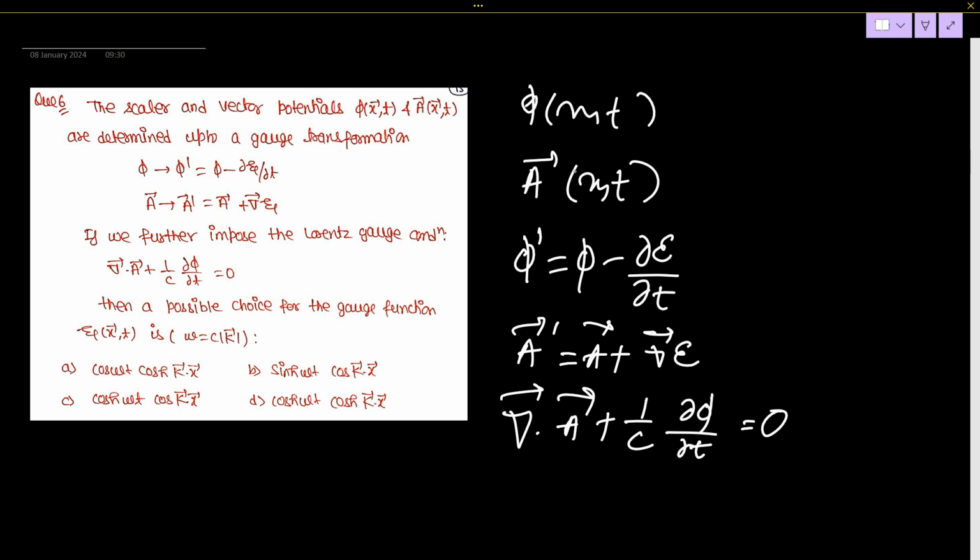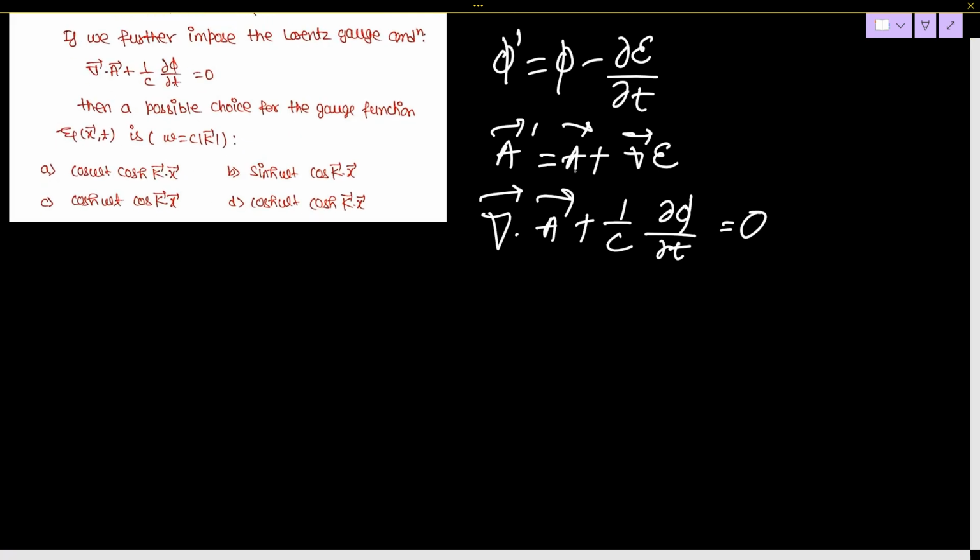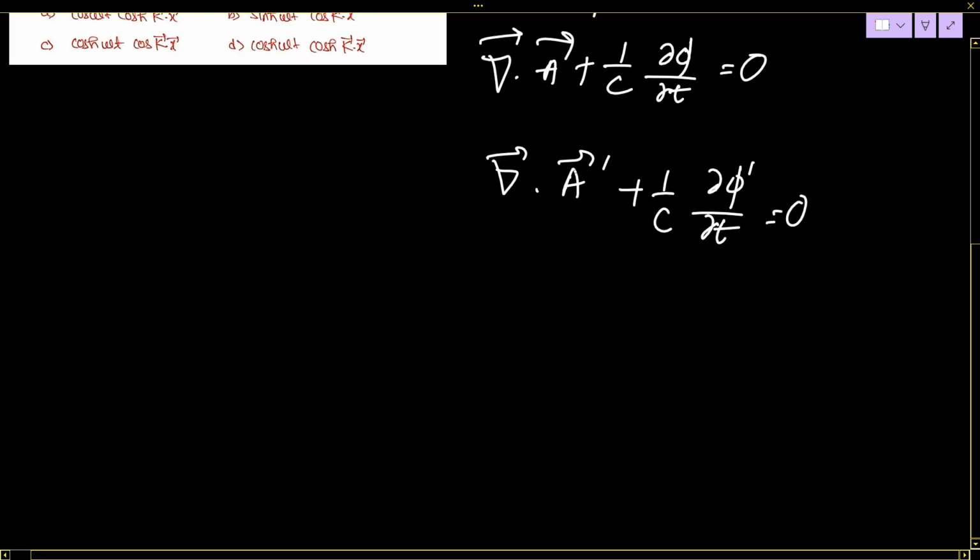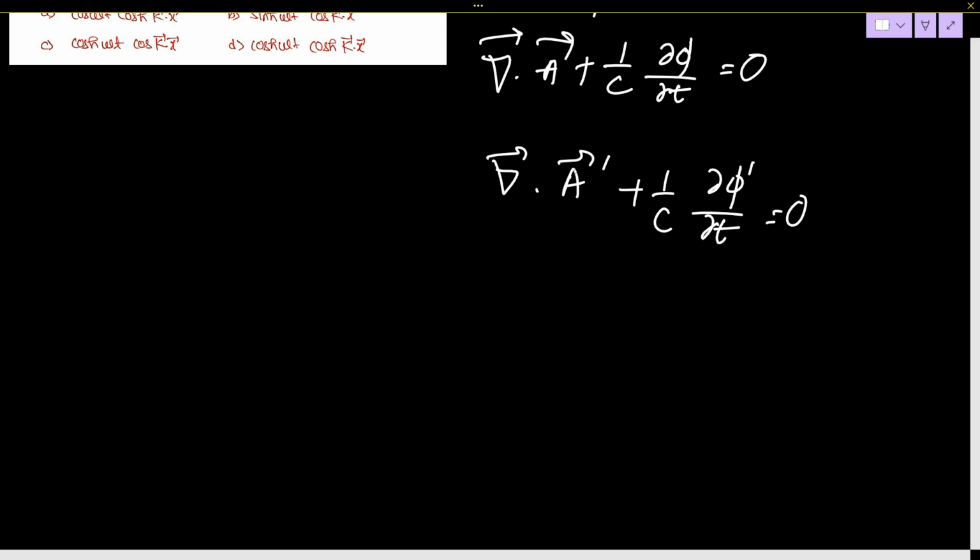So what will you do here? Tell me what will we do? For the dash one also we'll write del dot A dash plus 1 by c del phi dash by del t is equal to 0. Alright, so what will we do now? We'll just put in place of whatever is given.